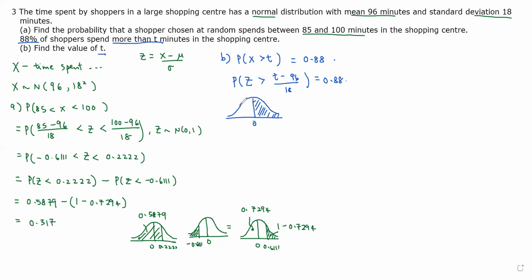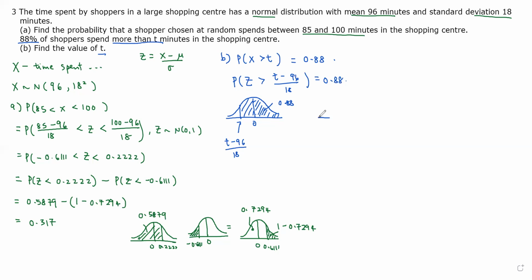Up to the mean, we have 0.5. So we need to shade until this part to get an area of 0.88. And this value is T minus 96 over 18. This is a negative value, but you won't be able to find this from the standard normal table.